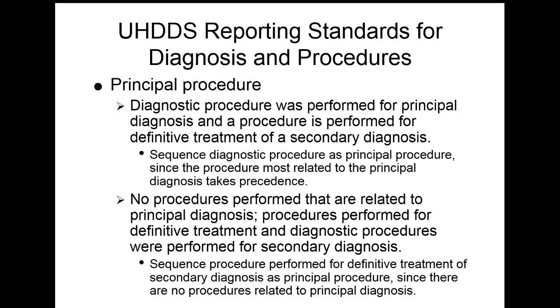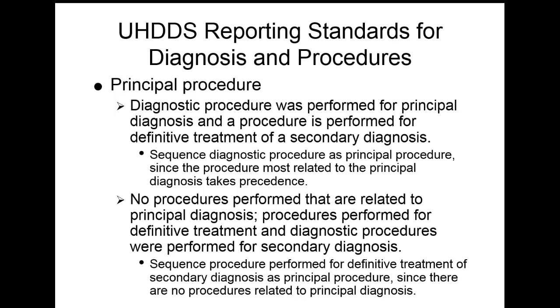So we will code the pneumonia as the principal because that's the condition that occasioned the admission. We also will code the fact that they had the fractured hip because they had that. They fell and broke their hip, and then our procedure has to be the definitive procedure related to that secondary diagnosis.